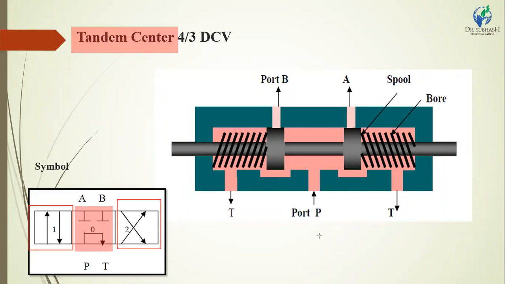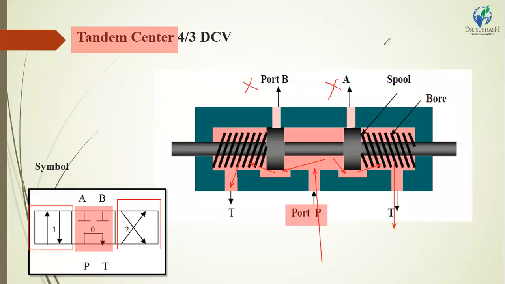In tandem center, the oil passes from the pump through P into the direction control valve. Then this oil passes from the DCV and returns to the tank, but the oil does not pass to port A and port B.